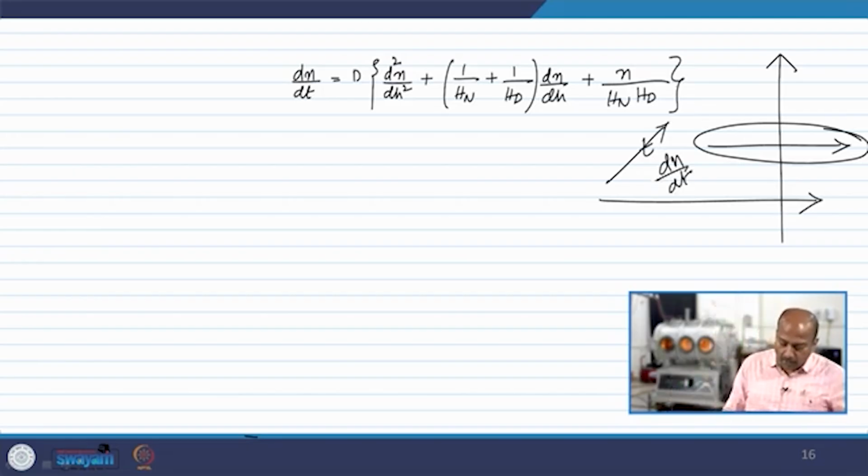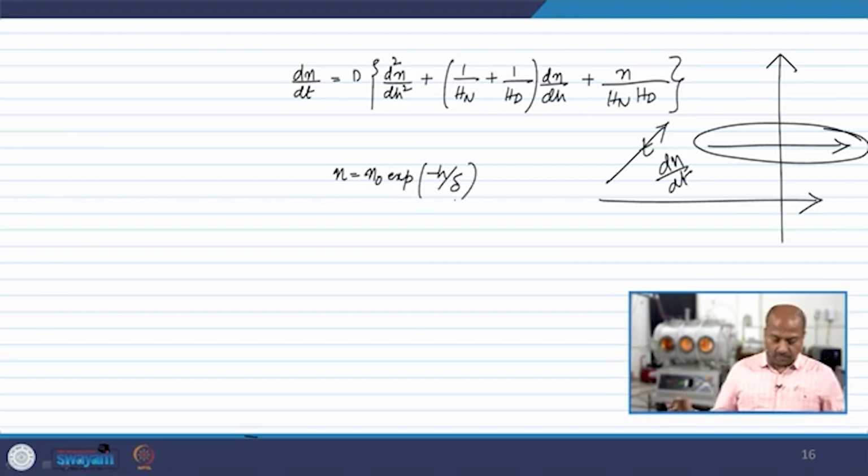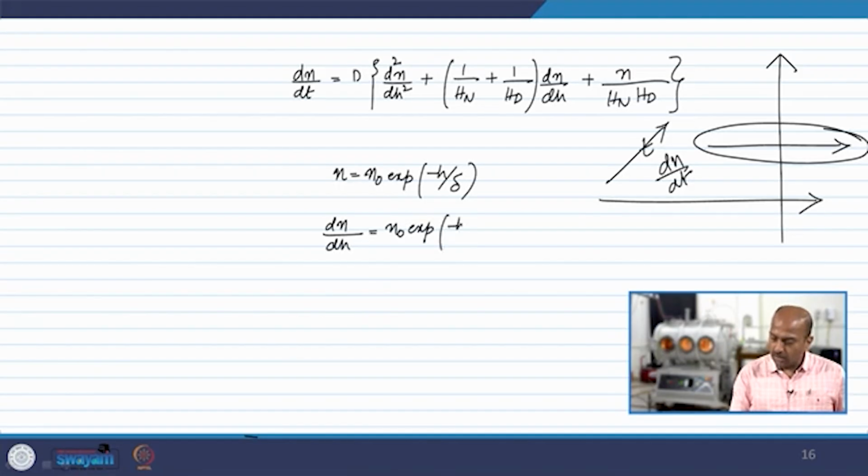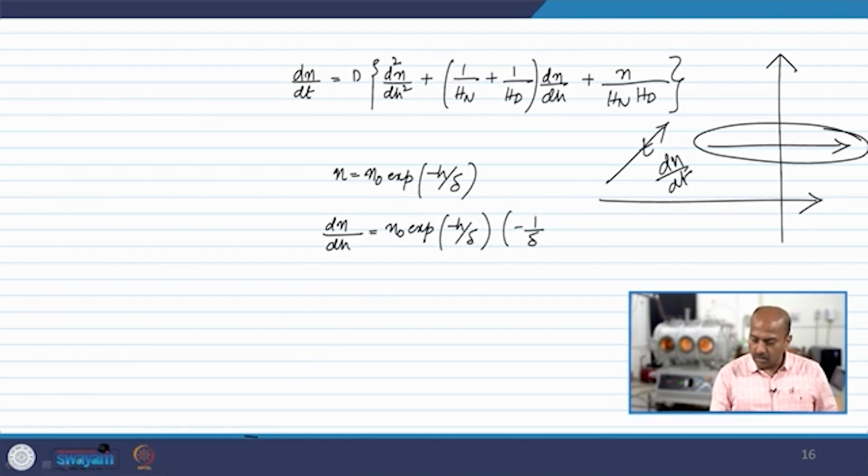So, let us say at a particular height the minor species vary there as n = n0 exp(-h/δ). Then dn/dh = n0 exp(-h/δ) times (-1/δ).